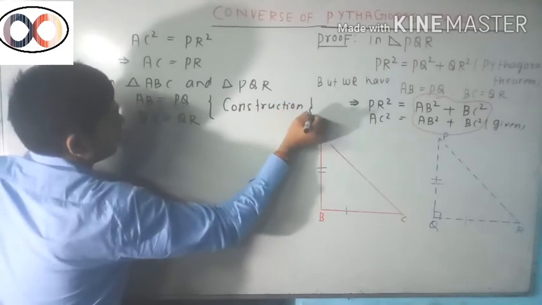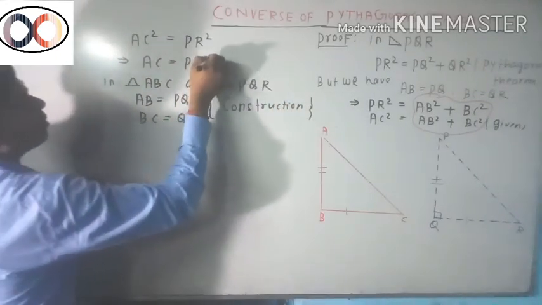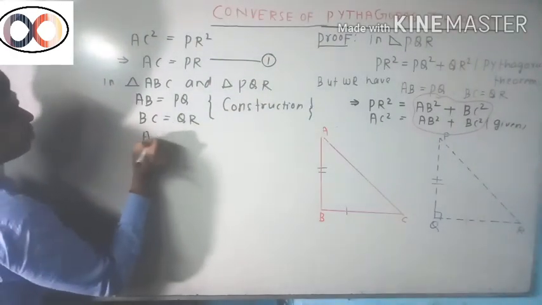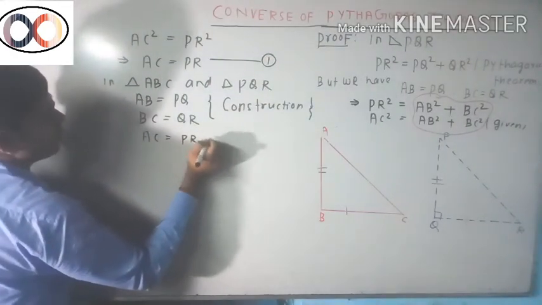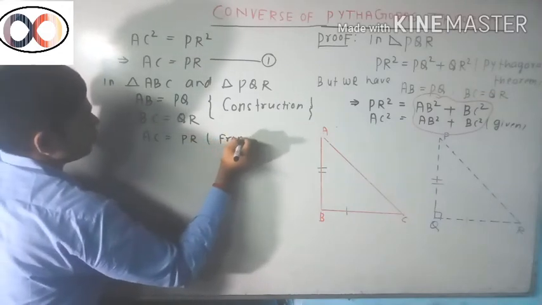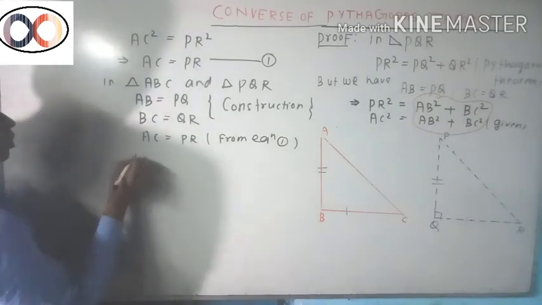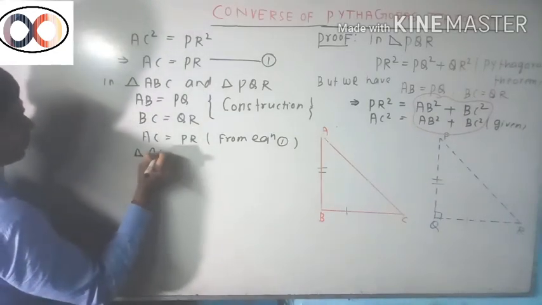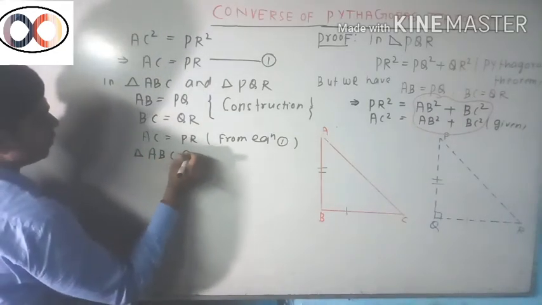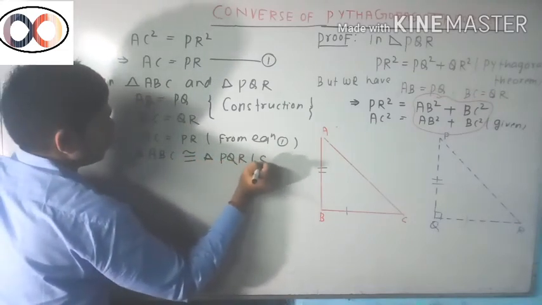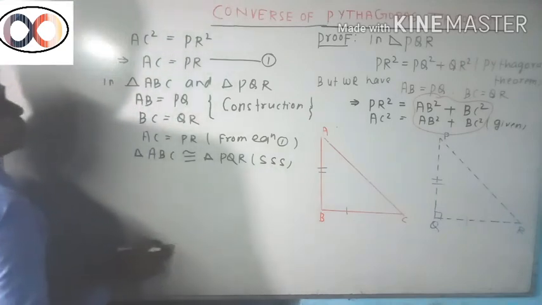Next, AC equals PR, from equation 1. So triangle ABC is congruent to triangle PQR by SSS congruency.